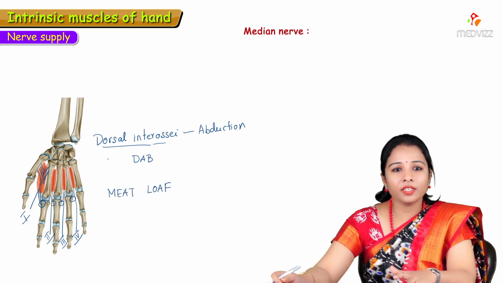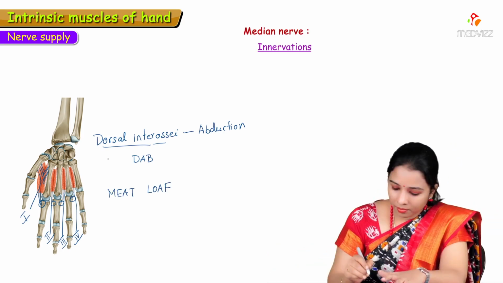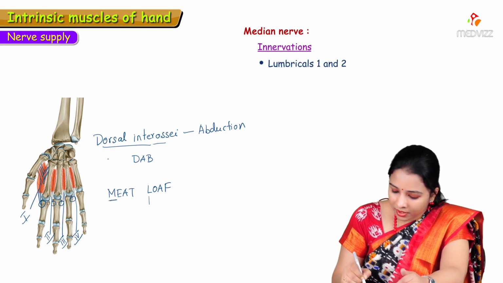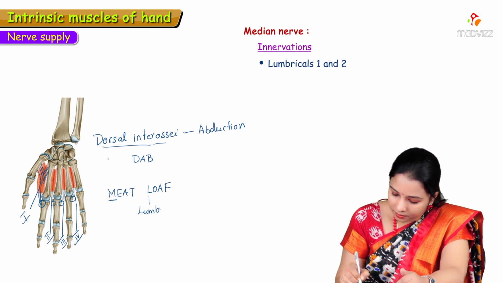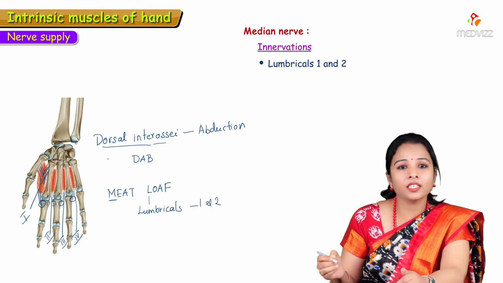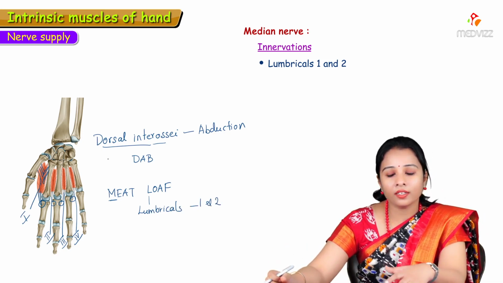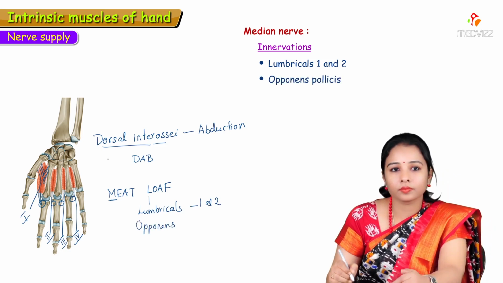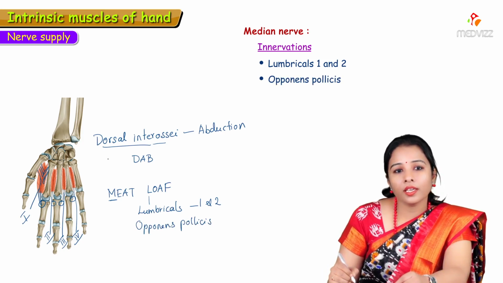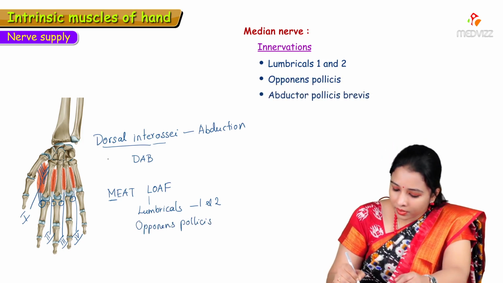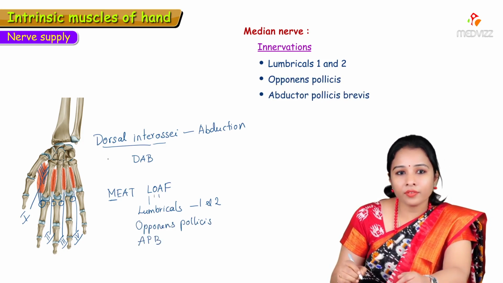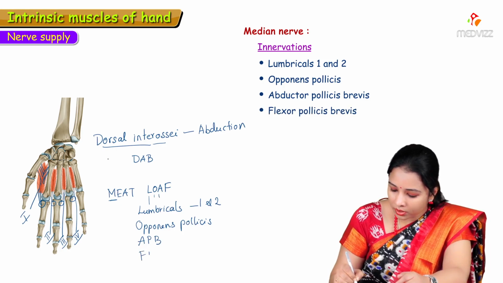So M for the median nerve. It innervates L for the lumbricals, the first and second lumbricals. O for the opponens pollicis. Then A for the abductor pollicis brevis, and F for the flexor pollicis brevis.